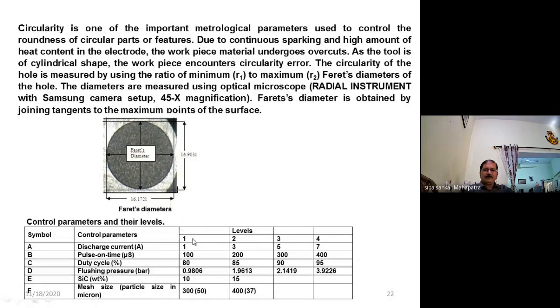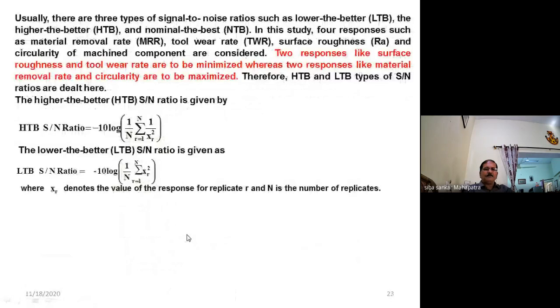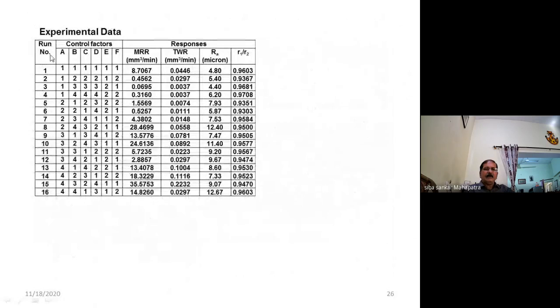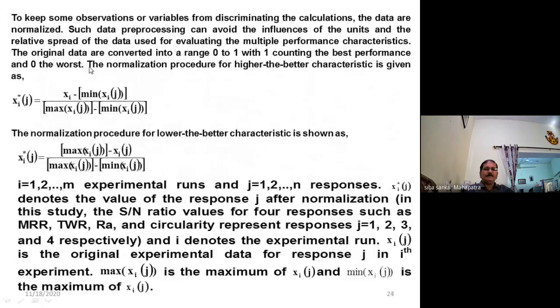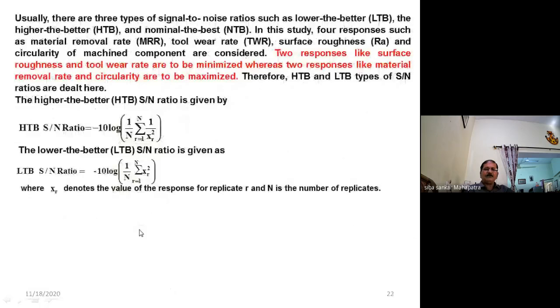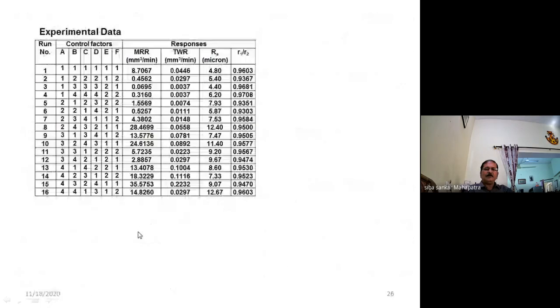The experiments have been conducted using Taguchi's L16 experiment, and these are the parameters that we set for electrical discharge machining: discharge current, pulse on time, duty cycle, flushing pressure, weight percentage of silicon carbide, and mesh size, that is the particle size used during powder metallurgy.